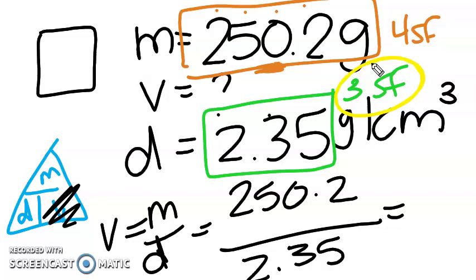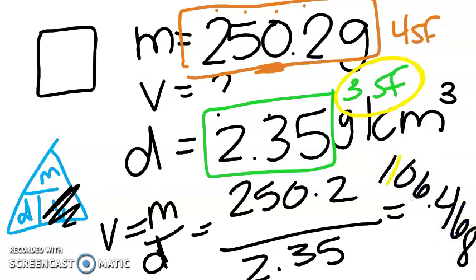So let's see. I put 250.2 divided by 2.35. This gives me a really long number: 106.468.